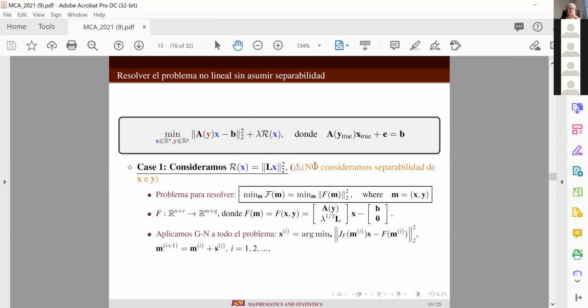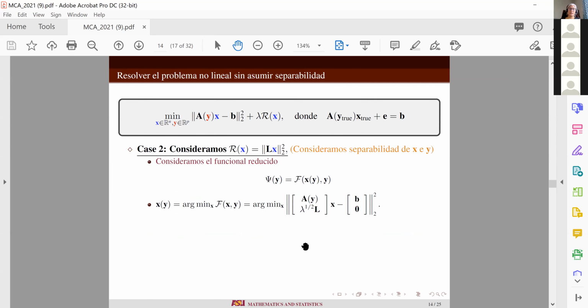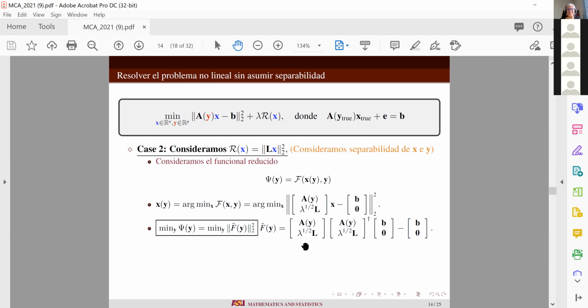So no assuming any separability. This problem is just one nonlinear least squares, and we can use Gauss-Newton. All right, but let's use separability because it has been shown that it's way faster than just applying Gauss-Newton to that problem.